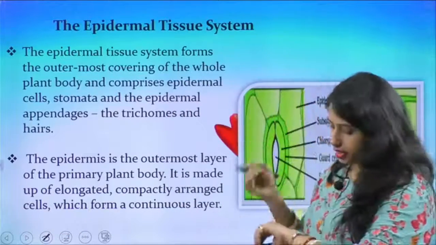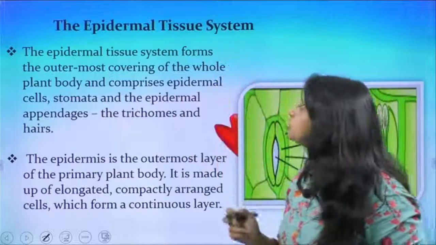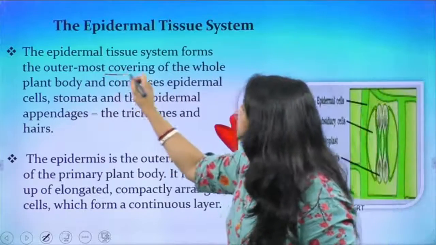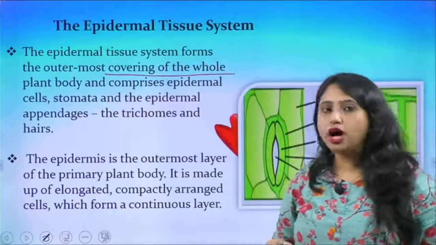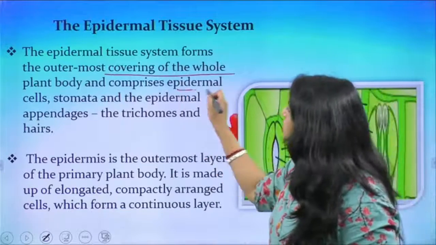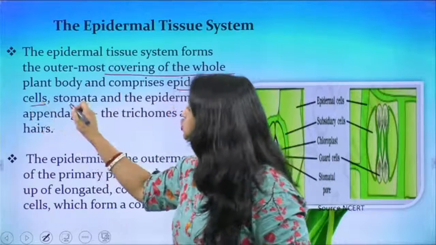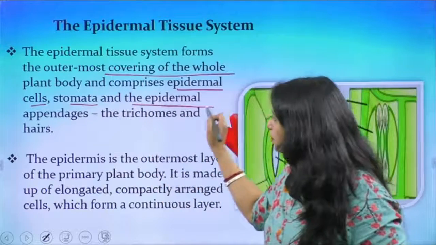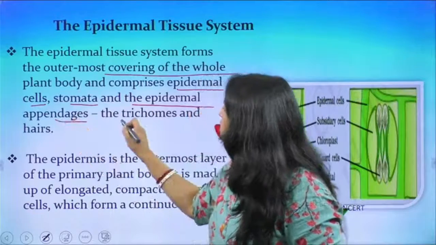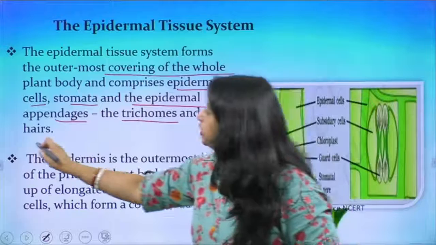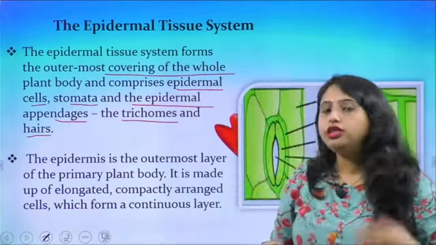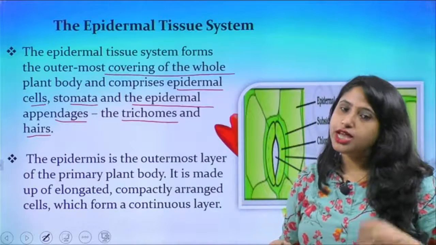As I said, the epidermal tissue system forms the outermost covering of the whole plant body and comprises epidermal cells, stomata, and the epidermal appendages, the trichomes and hairs. You already know they are present in the outermost layer.